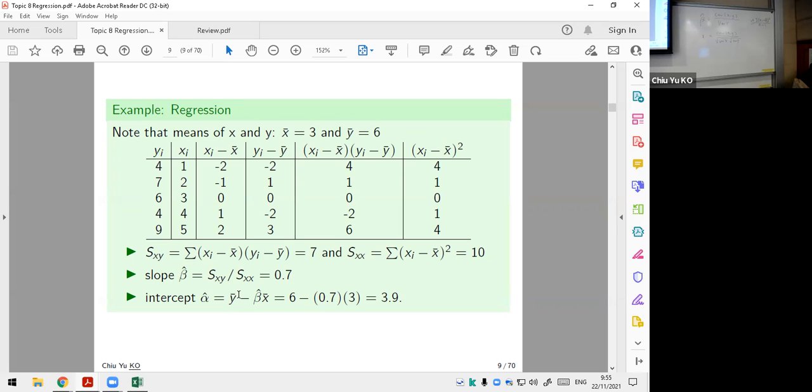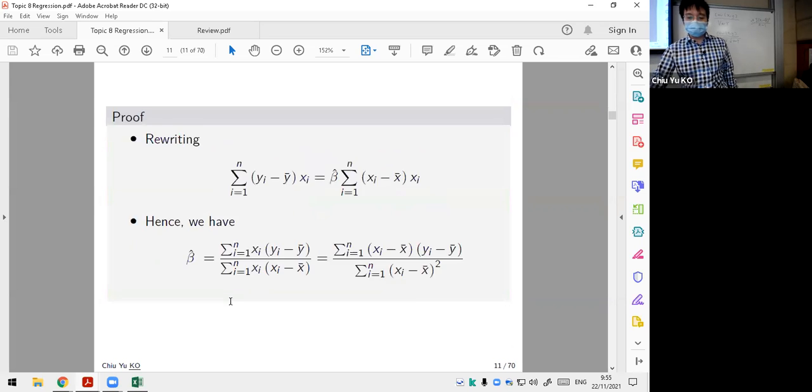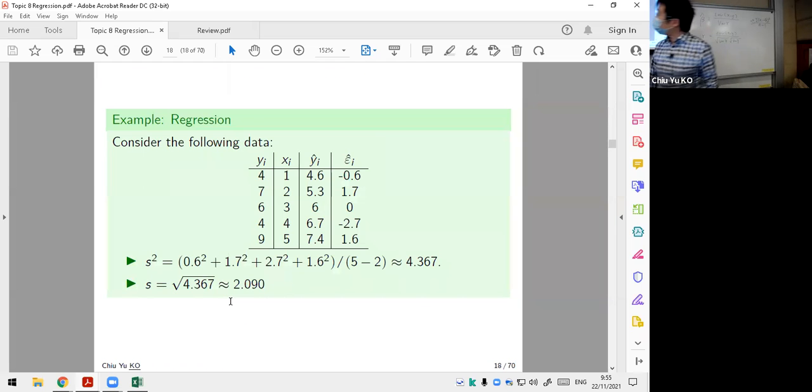So we have alpha hat is 3.9, beta hat is 0.7. So how do we get the 4.6? It is 1 multiplied by 0.7 plus 3.9. 3.9 plus 0.7 is 4.6. And so on, for every calculation you get the yi hat.